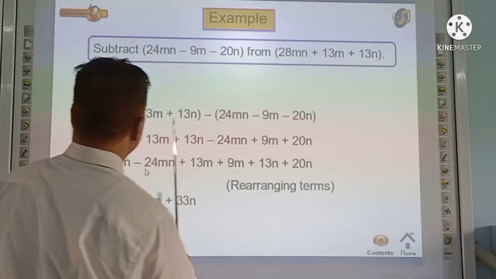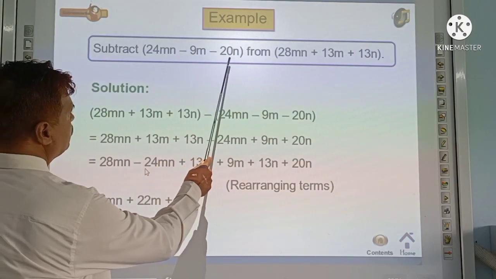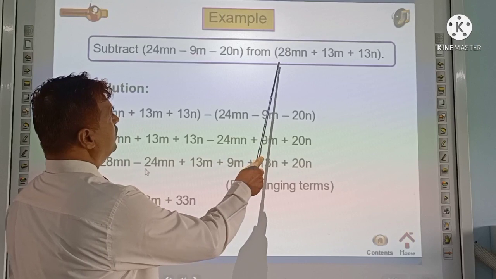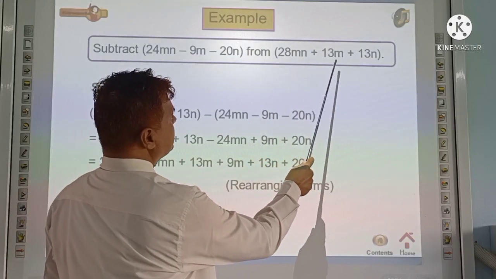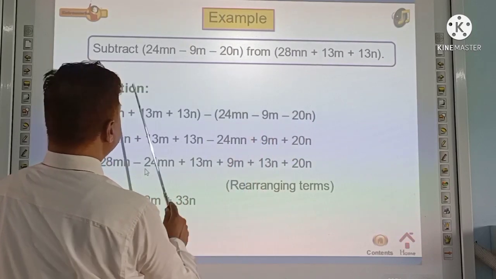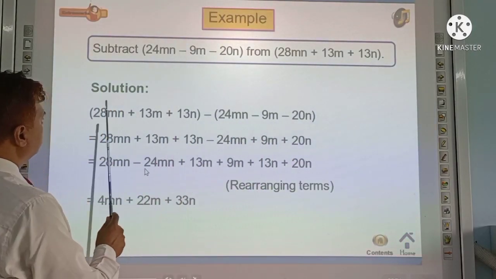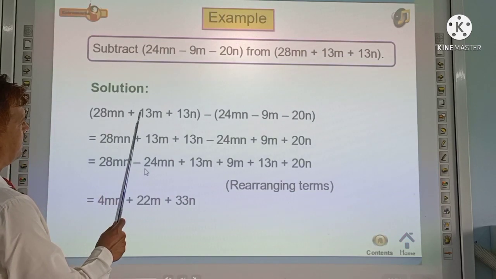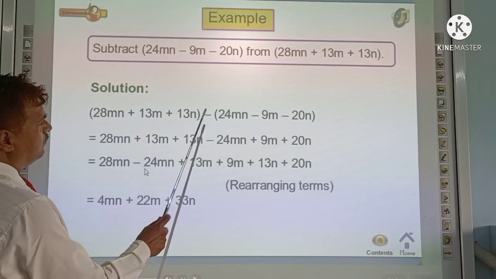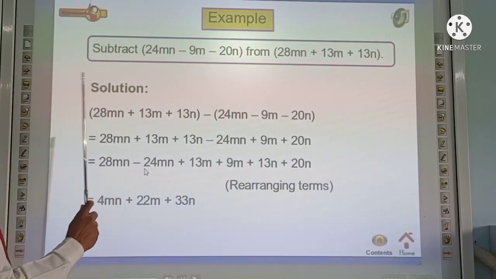Students, subtract 24mn minus 9m minus 20n from 28mn plus 13m plus 39n. So, first of all, write this, then subtract this. Okay, 28mn plus 13m plus 39n minus this. So first of all, break the brackets.